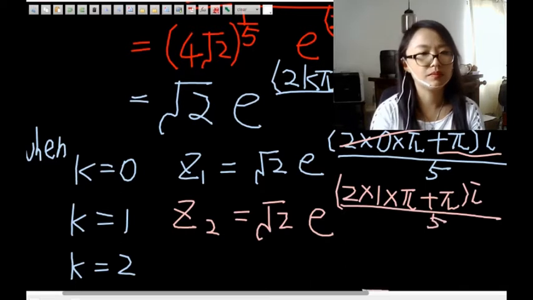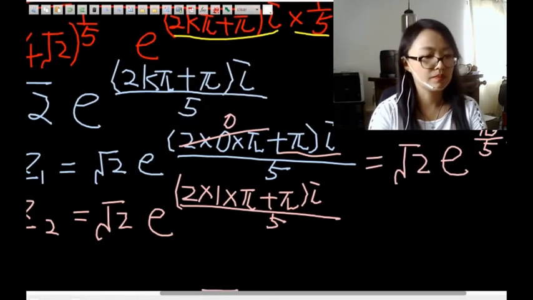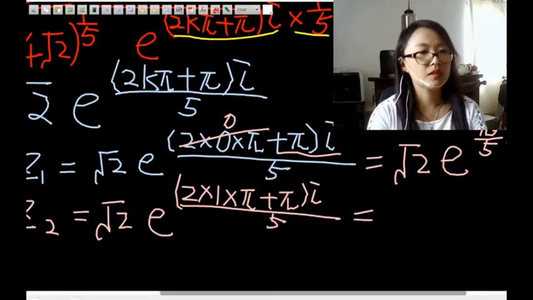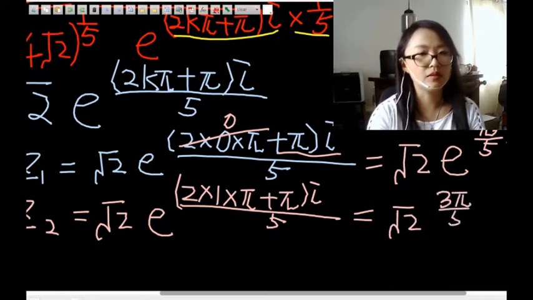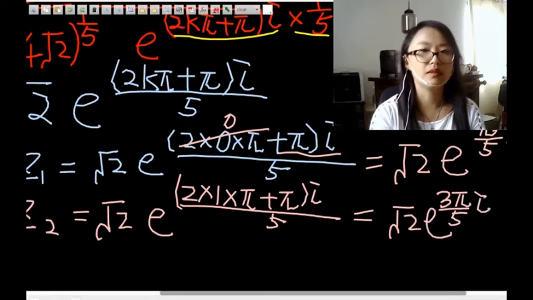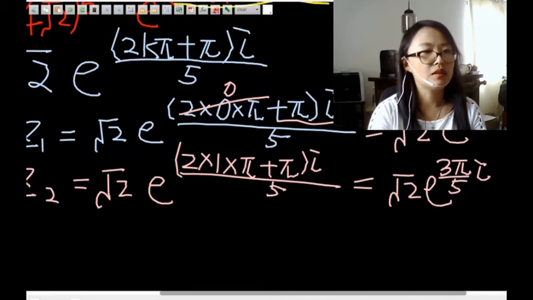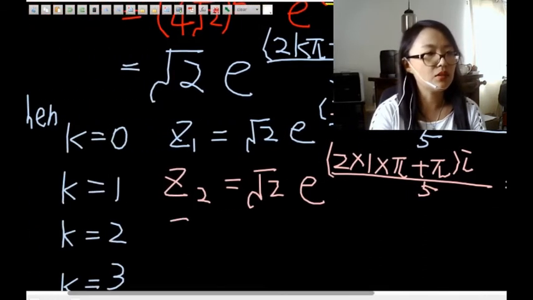So that's going to equal, 2 pi plus pi will be 3 pi over 5. Okay, e is here, times i. So we're just going to repeat this operation until we get 5 of the roots.